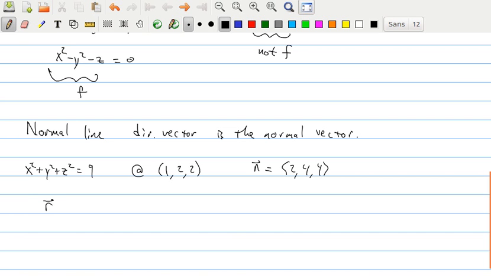And remember, a line r of t is given by, well, we take the direction vector, in this case the normal vector, so 2t plus our starting point, and then the y is 4t plus the starting y value, and then we've got 4t plus the starting z value. So this is the equation of the normal line to that same surface. So these are the two generalizations we have of a tangent line to a function of more than one variable.